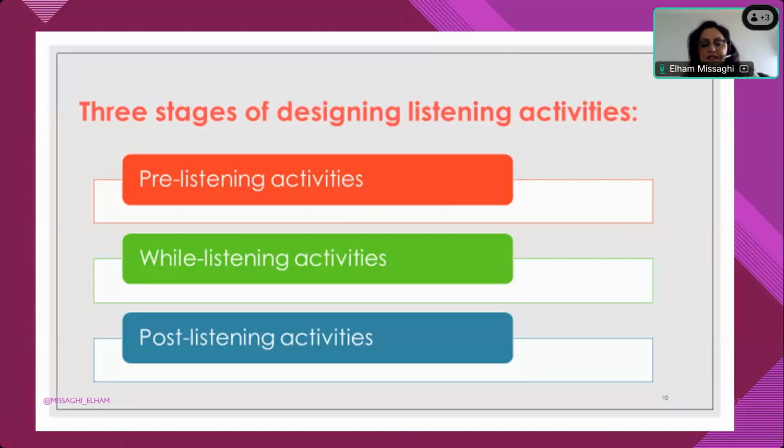So what's next? You practice in the class. What happens when the students get home? Tomorrow, when they get back to the class, I don't want to say 50%, but 30% they will forget because they didn't practice while they were at home.